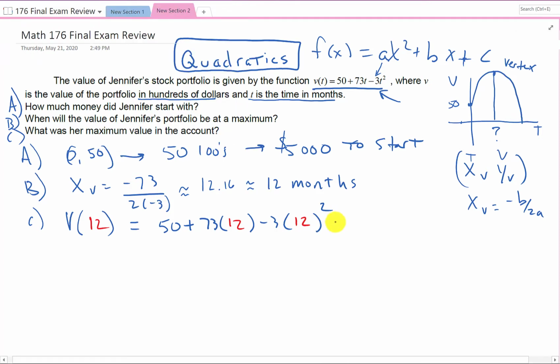And when we do, because we put in an approximate value, it's 492. And that is in hundreds of dollars. So the max value was $49,200. So her account did really well in those 12 months.